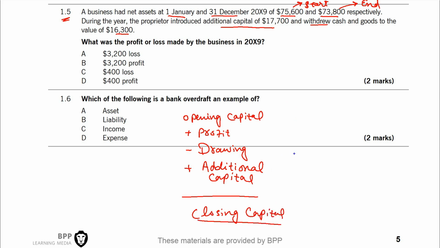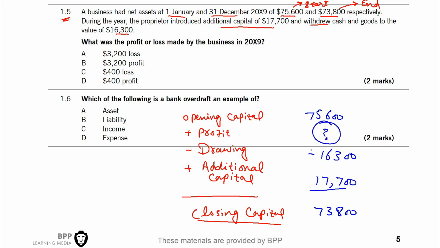Please first of all write down the values. We have opening capital of 75600, closing capital of 37800, then we have additional capital of 17700, then we have drawings of 16300, and this is the amount which we have to calculate.